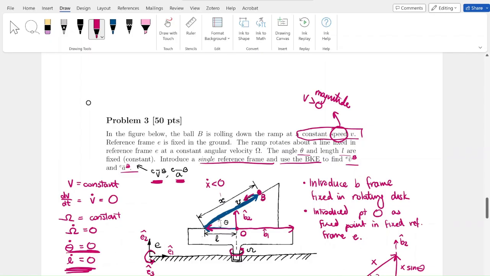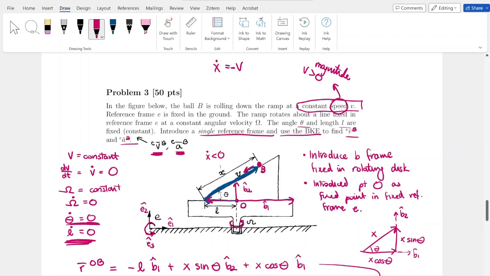And we know that x dot is equal to the velocity, right? So x dot is equal to v. But because x dot is decreasing, there's going to be a negative sign here, because v is greater than 0, but x dot has to be less than 0, so there needs to be a negative sign.